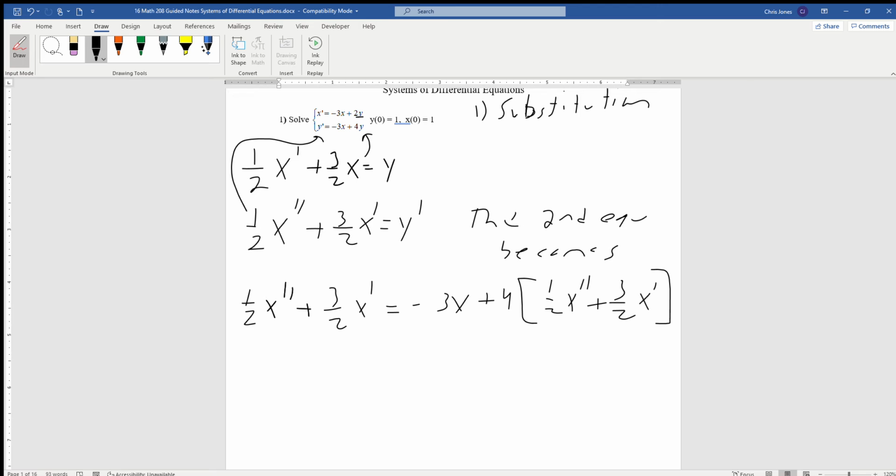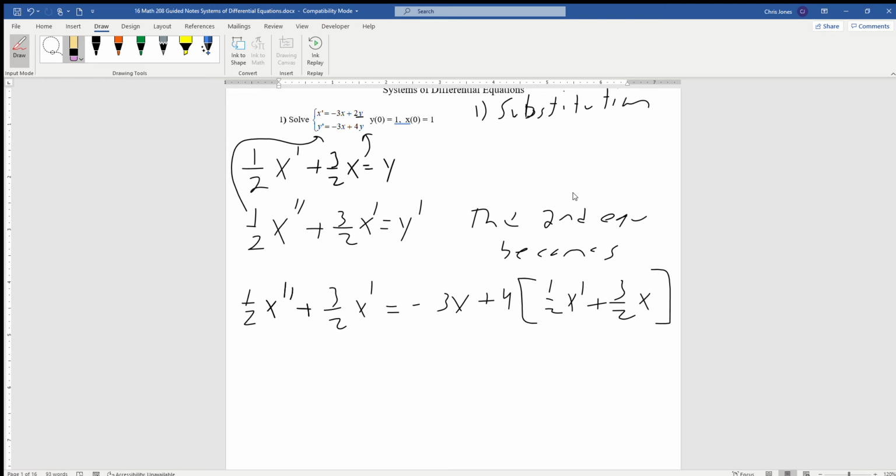Excuse me, I was looking at the second as the derivative instead of just the y, so this is just 1/2 x prime, and this is just going to be x. So sorry about that.